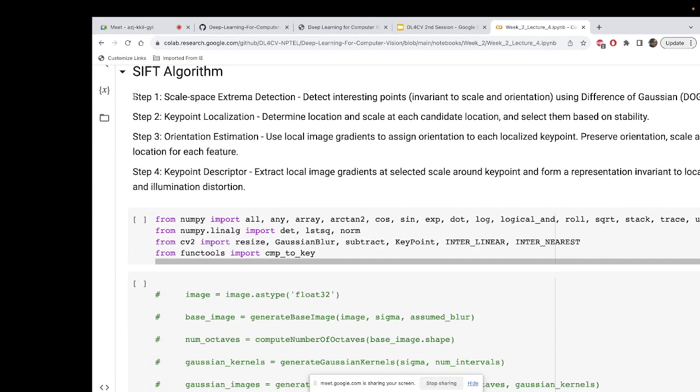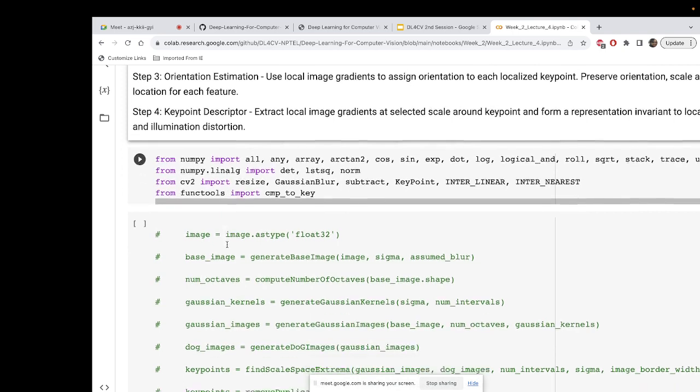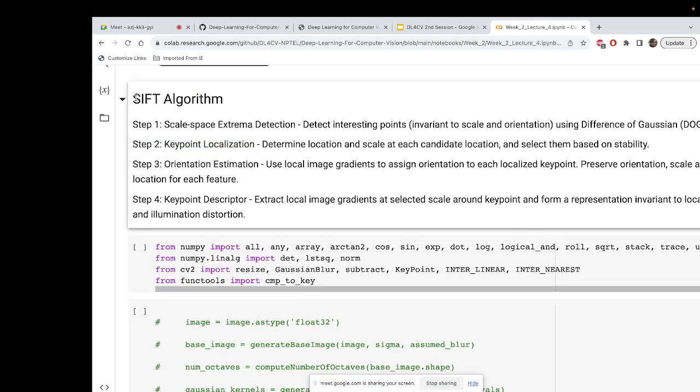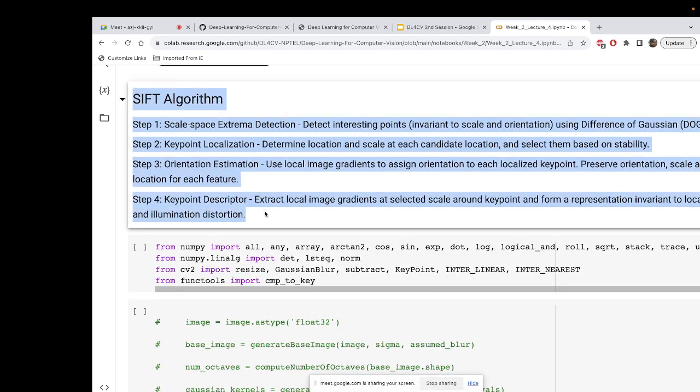But to understand SIFT and the other state of the art algorithms that were very good at that point, you should go through their code. Here I just wanted to give you an overview of the function blocks that are present, so that you can go through them and play around with them as you like.